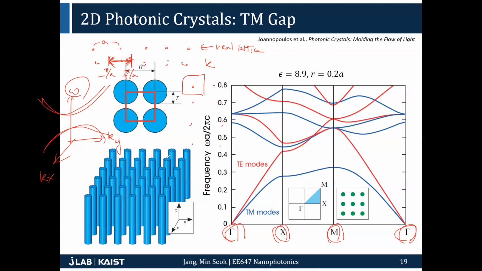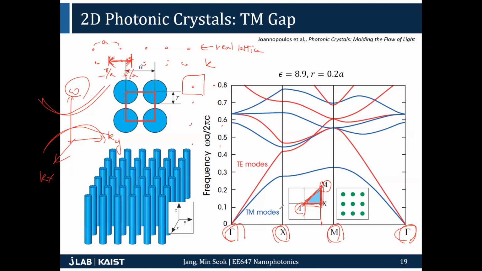So instead, what people do is draw the dispersion relation along a specific line in K space. The gamma point is the origin in K space, and the X point and M point are defined in this specific way. The gamma, X and M points are called high symmetry points because they have high symmetry.